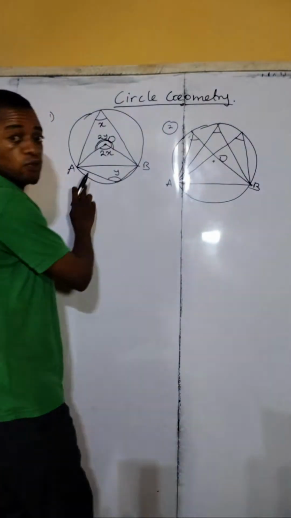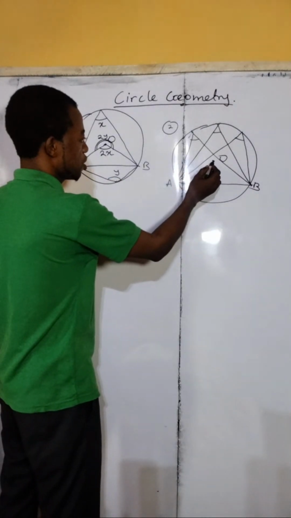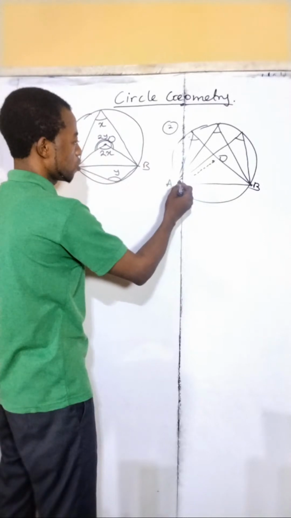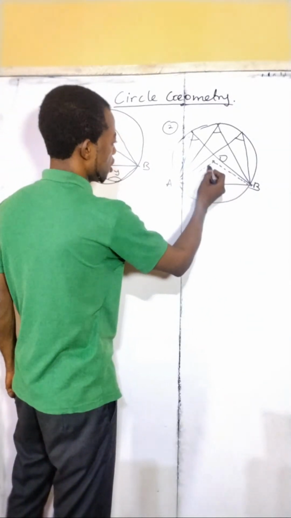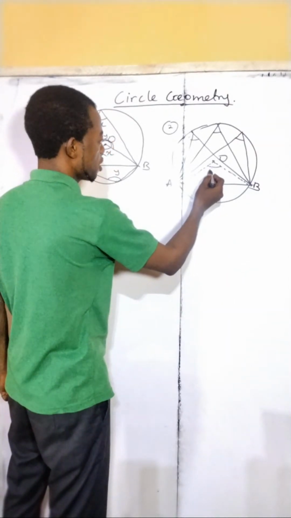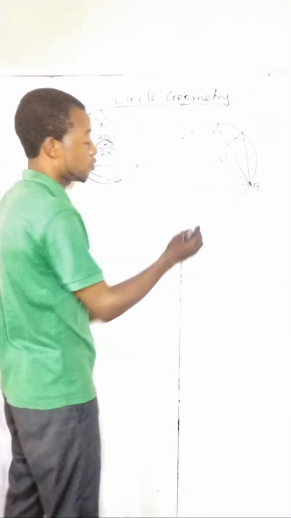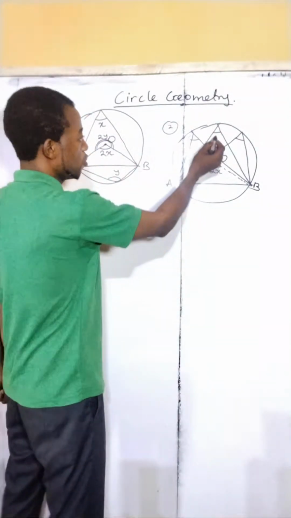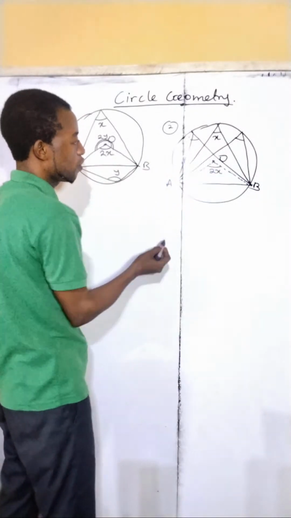Now it follows from the first theorem. When we construct this, we join A to the center, join B to the center. Now this angle here is angle at the center, and if this angle at the center here is 2x, it means angle at the circumference here will be x, because angle at the center is twice the angle at the circumference.